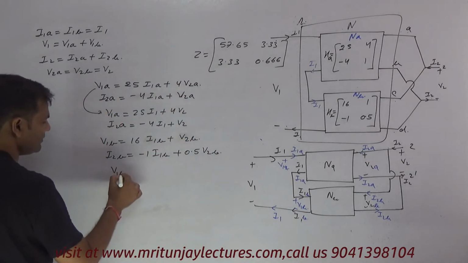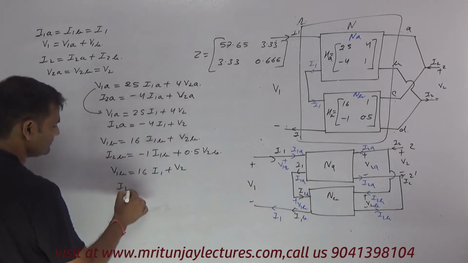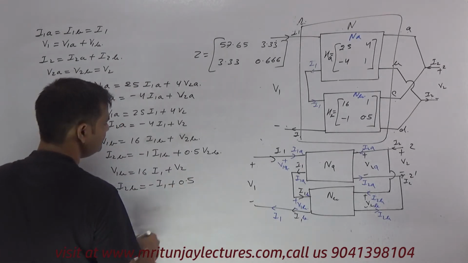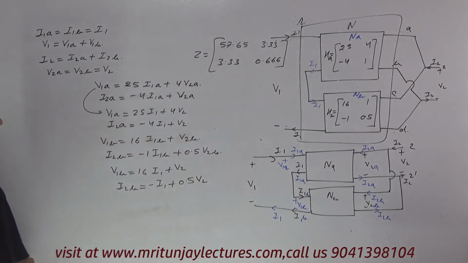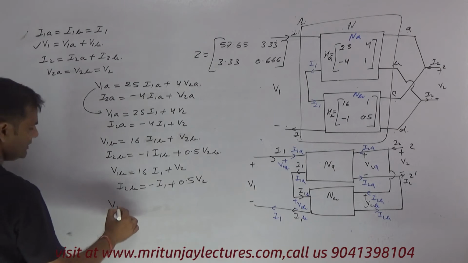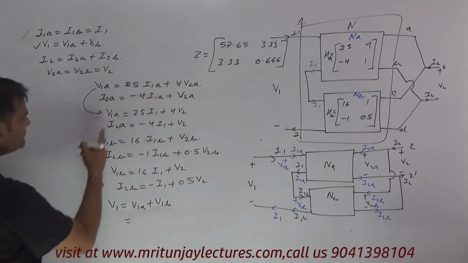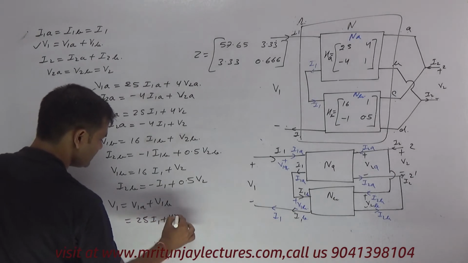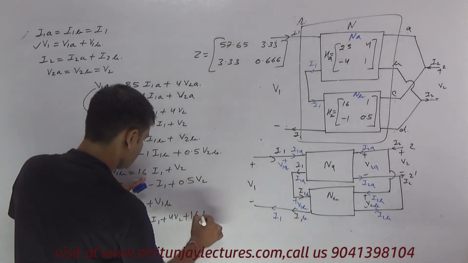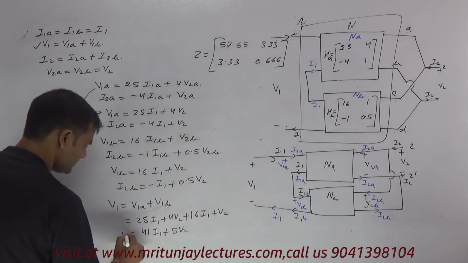Now V1 is written as V1A plus V1B: 25 I1 plus 4 V2, and V1B is 16 I1 plus V2, so 41 I1 plus 5 V2, that is V1.